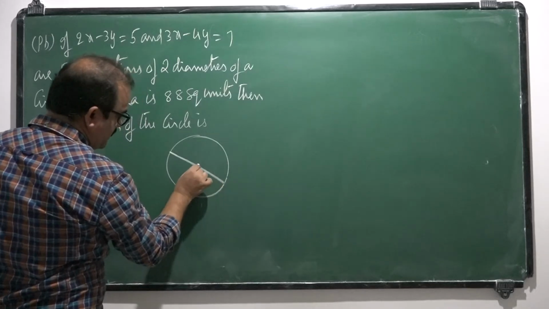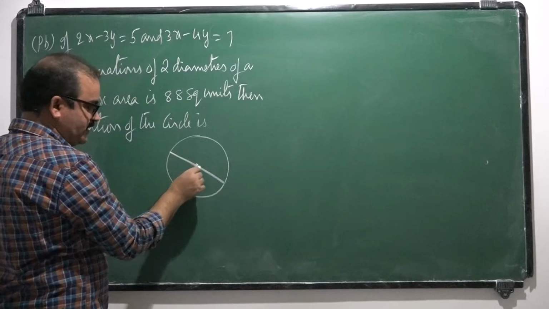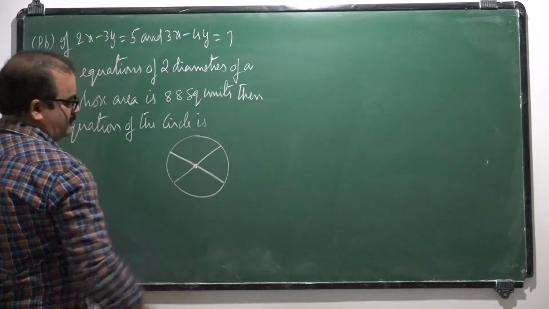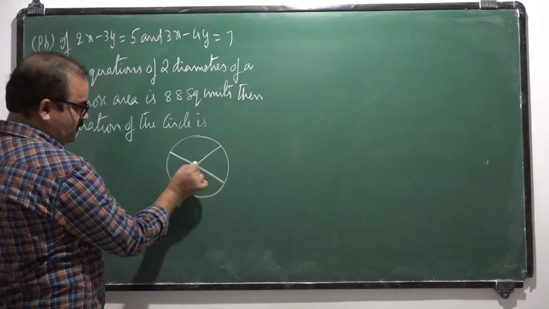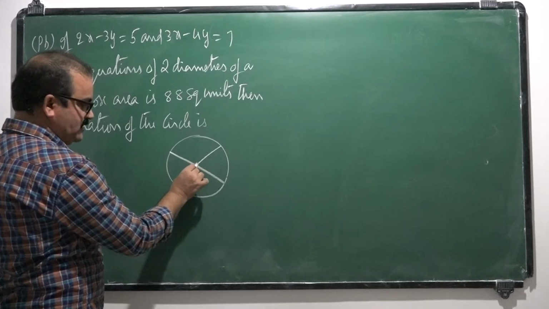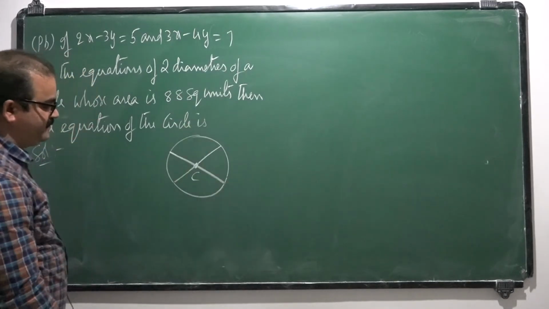This is one diameter. Diameter means it is a chord passing through the center. When two diameters are given, how to find the center? The center is the point of intersection of those two diameters.